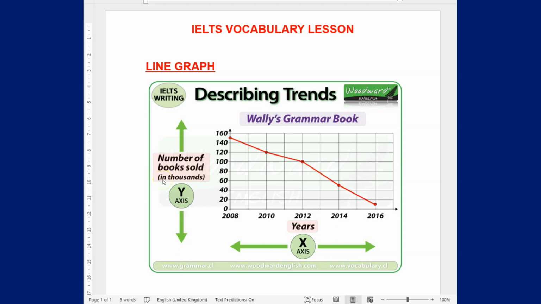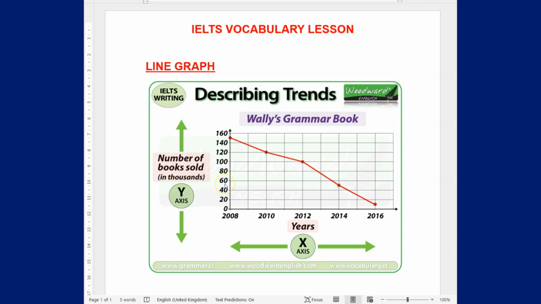The information appears on the y-axis. The IELTS examiner will check if you actually read and understood the information on both the x and y axes. That's why it's important for you to read and understand it. Now, with line graphs, it's important that you look at the general features or the extensive characteristics of the graph, and not just repeat the number for each time interval.